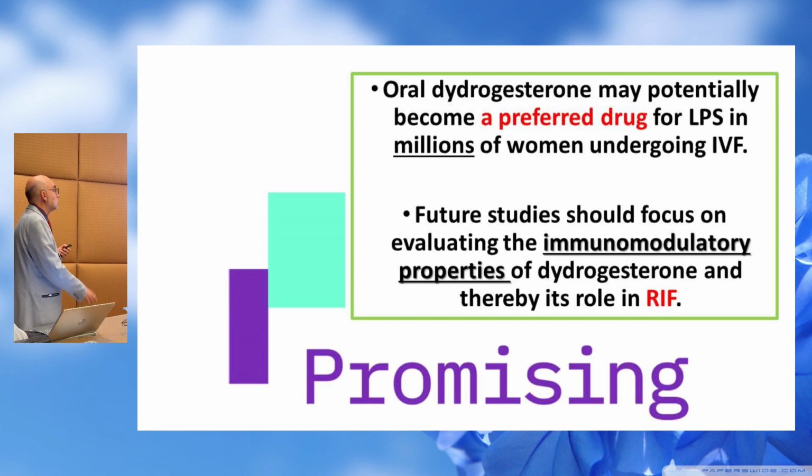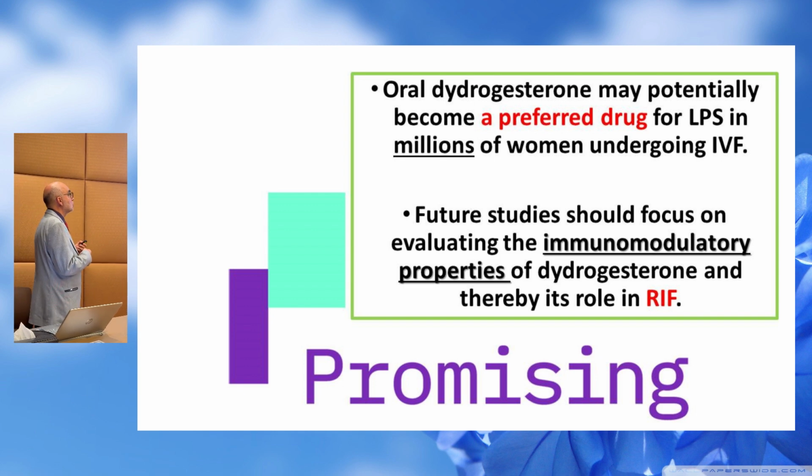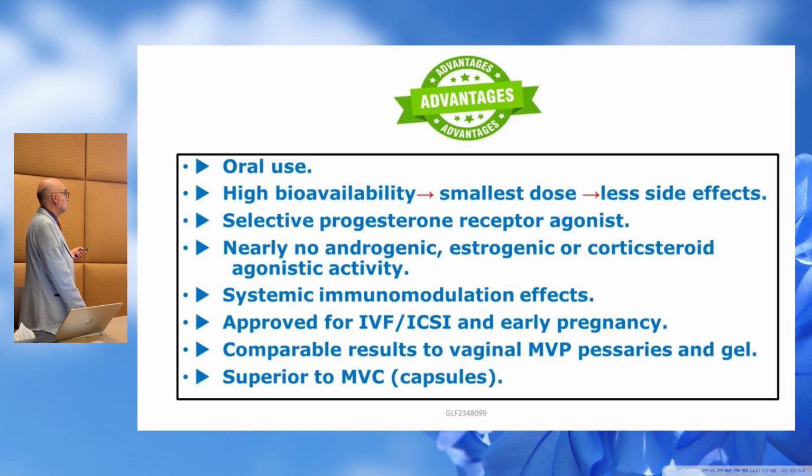And this publication, 2023, mentions that oral dydrogesterone may potentially become a preferred drug for luteal phase support in millions of women undergoing IVF because it is taken orally, in small dose, with fewer side effects. Future studies should focus on evaluating its immunomodulatory property and its role in recurrent implantation failure.